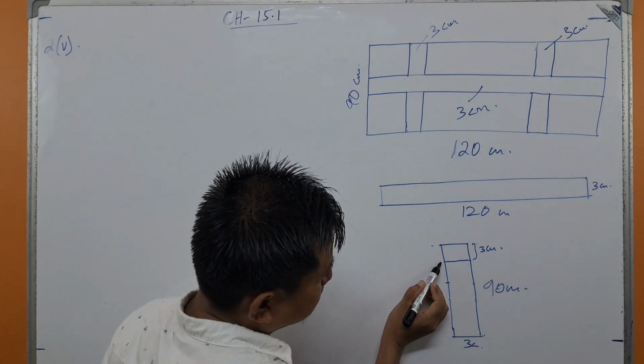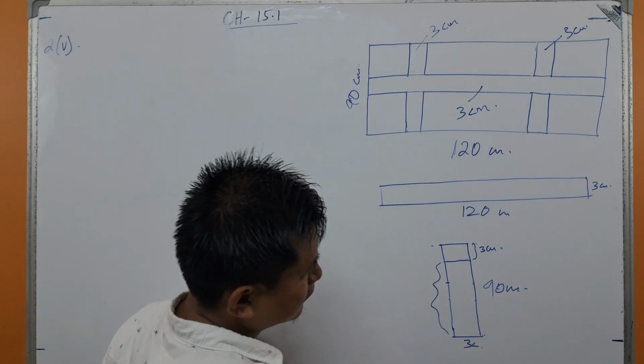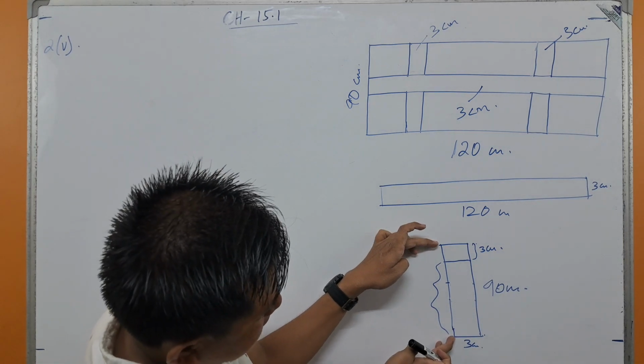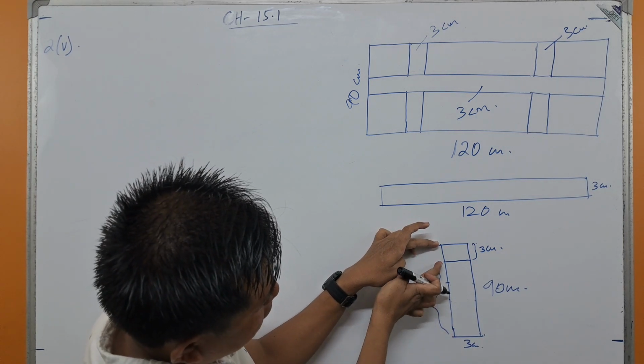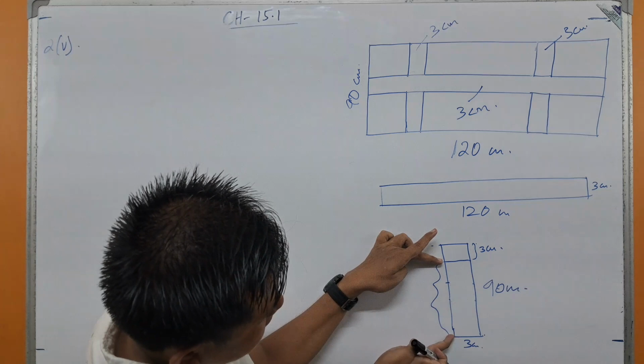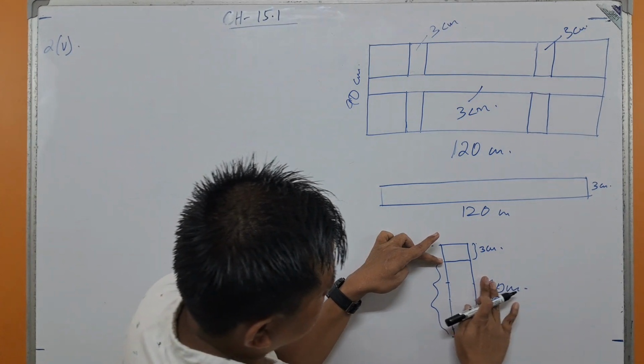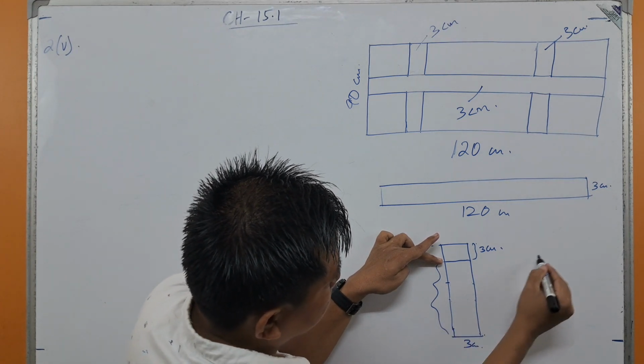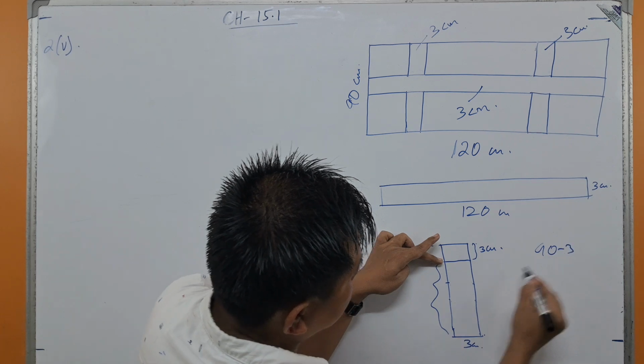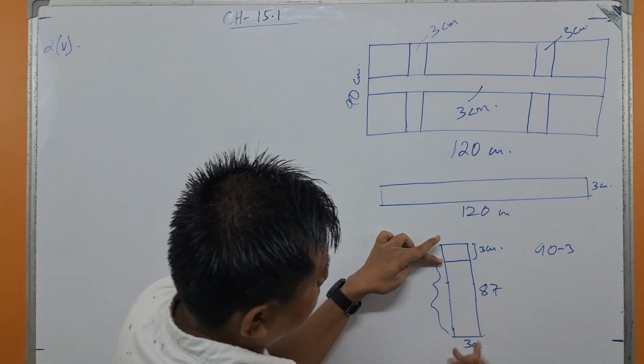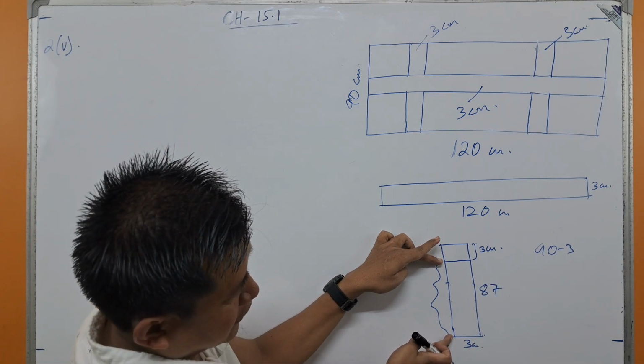So what will be the length of this rectangle now? Total was 90 minus 3 will be the length of this rectangle. So 90 minus 3 is 87, isn't it? This is the length of this rectangle.